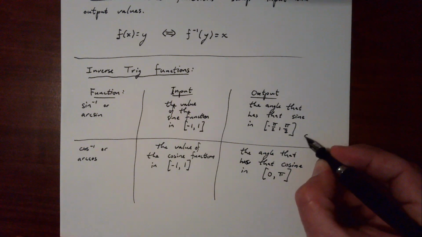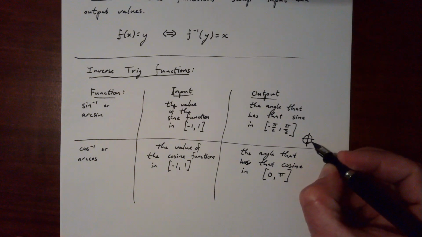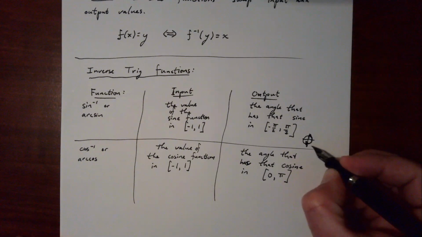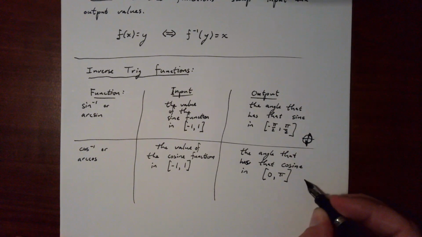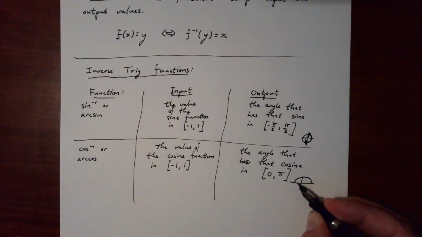So if we're looking at it in terms of the unit circle, this one is giving you the angle from quadrants 4 and 1. And here, this one is going to be the angle that is in quadrants 1 or 2.